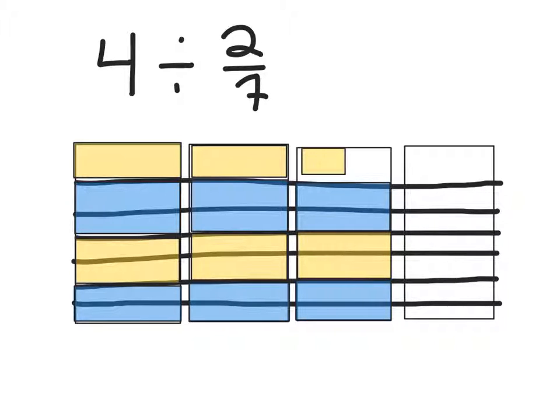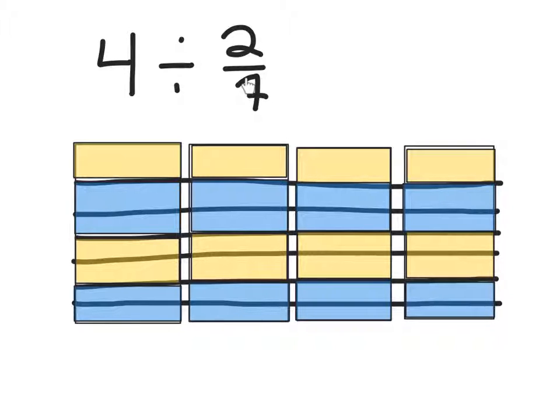And then I'm going to grab this one here. And then I'm also going to grab this one here to make yet another group of 2. And keep on moving, right? So now I'm going to grab another group of 2 here. And then another group of 2 right here. And my final group of 2 right here, right?